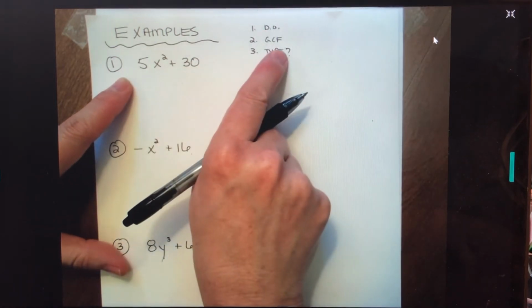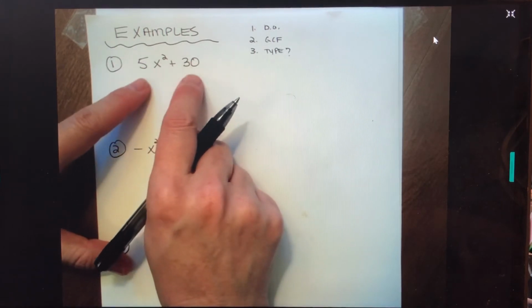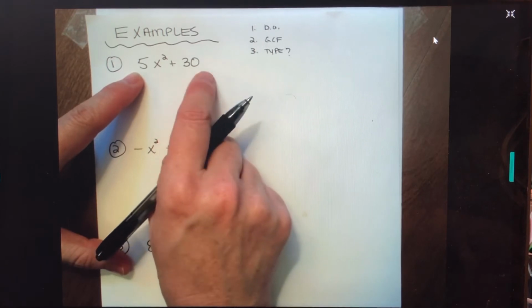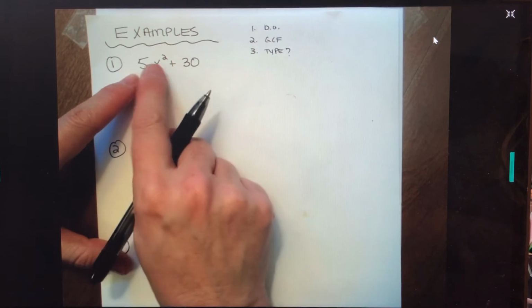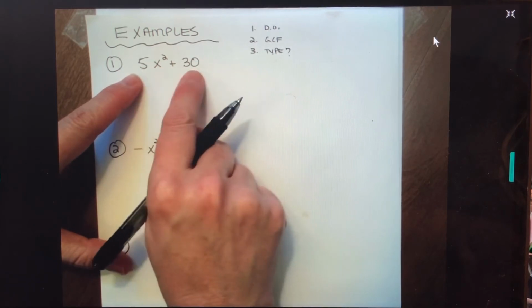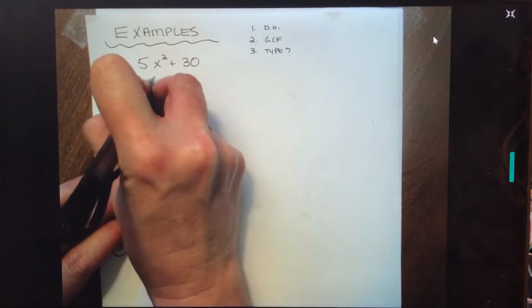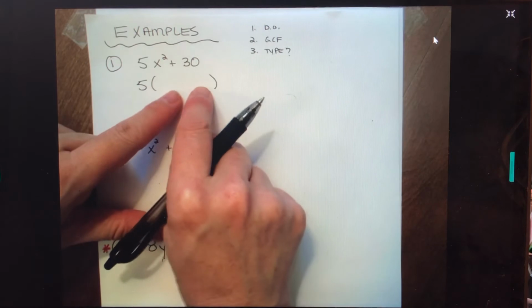Now, can we pull out a GCF? If you look at this polynomial, both of these terms have a 5 that can be factored out. You cannot factor out a letter because this term has x's, but this one doesn't. So our GCF in this problem is going to be a 5. And so I'm going to write that 5 and then determine, once I pull that out, what gets left behind.